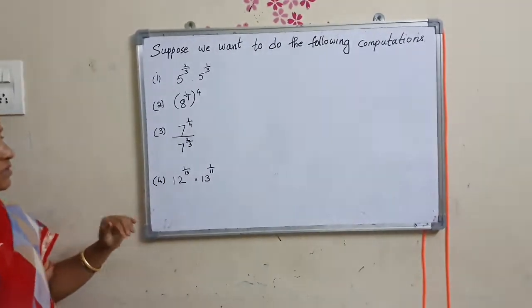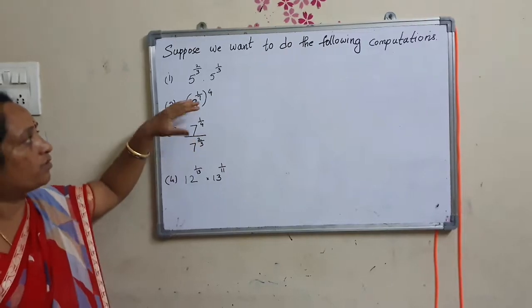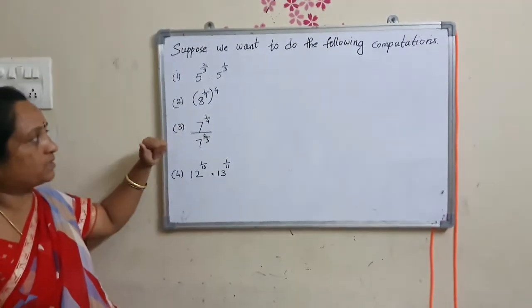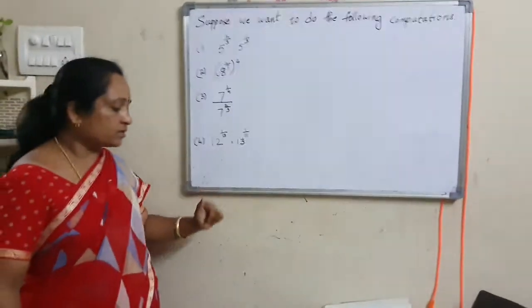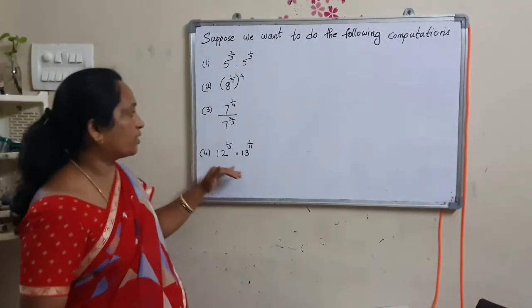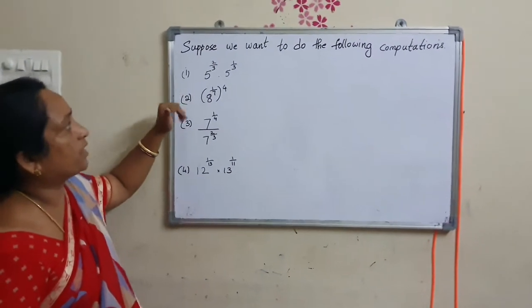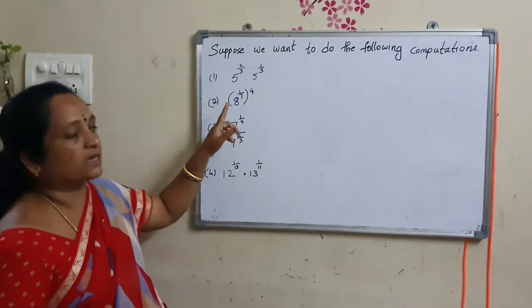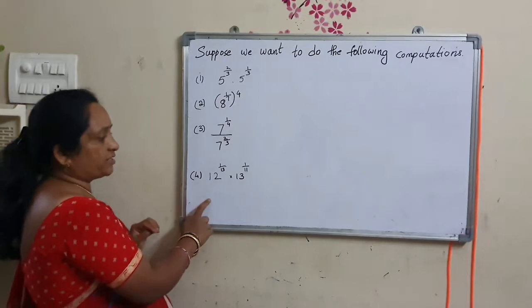Here you observe that the bases and exponents of these examples are rational numbers. So here we need to extend the laws of exponents to bases of positive real numbers and exponents as rational numbers.